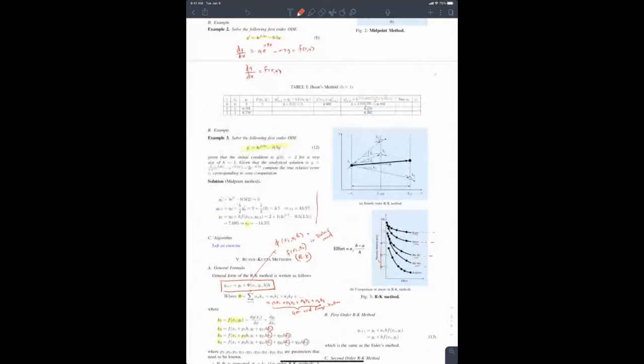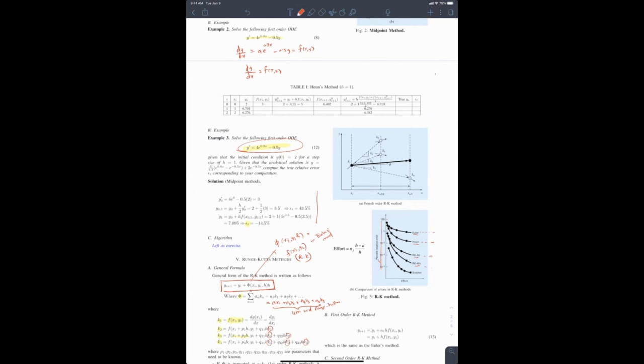It would be nice. I'm not going to assign this as a project, but it would be nice to implement this example. So take this example, implement Euler's method, the midpoint method, Heun's method, and Runge-Kutta third and fourth orders, and then keep iterating more and more.